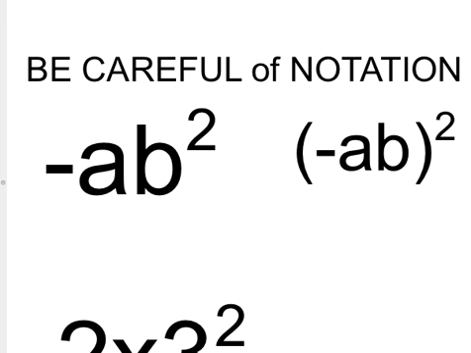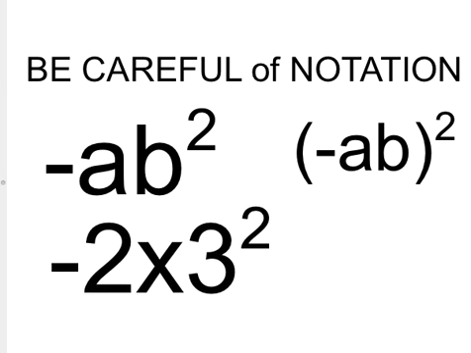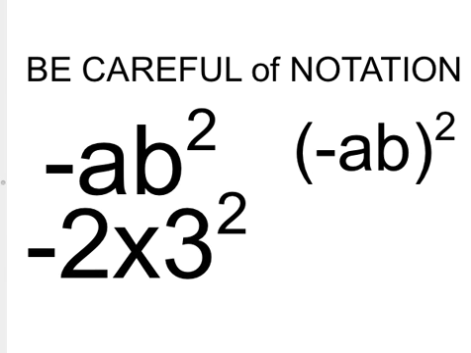Let's look at another example. I've got a couple of exponents here and some variables, and I want to talk about the difference between these two also. If I was to replace A and B with numbers, you might notice there's a multiplication sign right in between this A and B. You don't see it, but it's there.